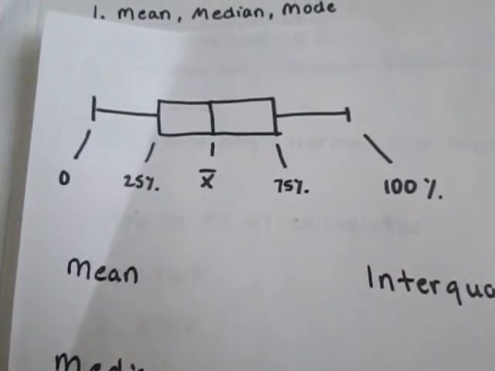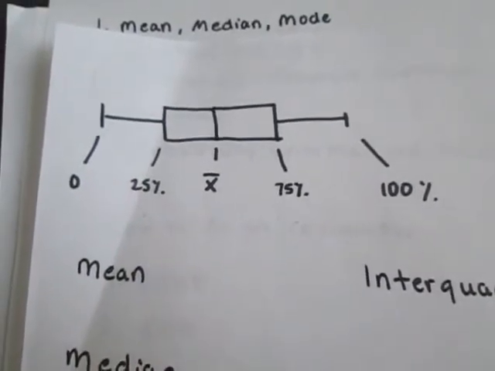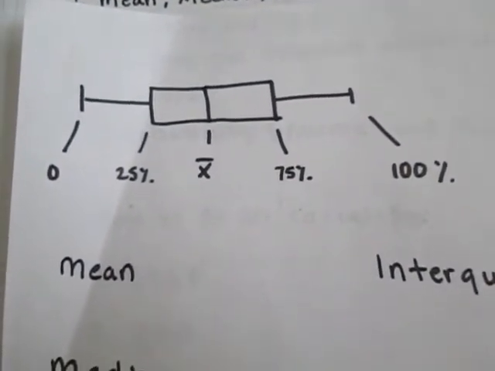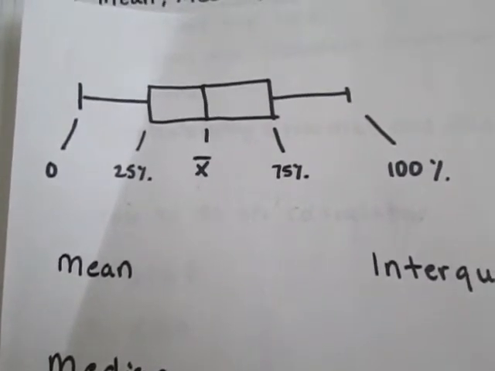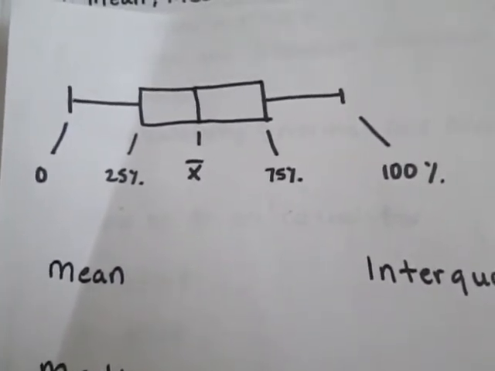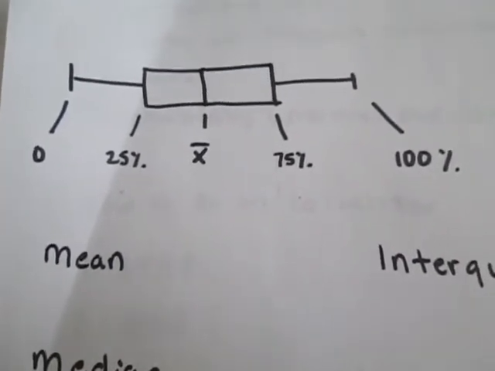So for example, if you're at the third quartile or 75%, that means you're higher than 75% of the people of the population. So if you're doing an intelligence test and you get the 75 or the third quartile, it means that you have a higher score than 75% of people that took the test.